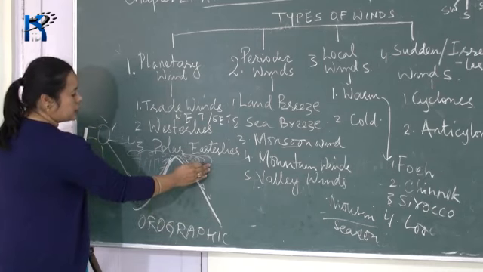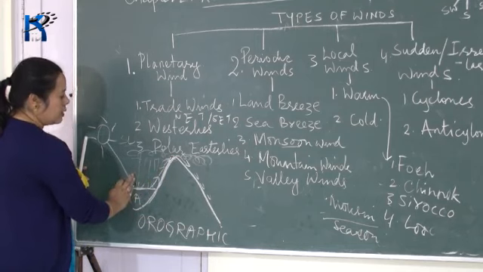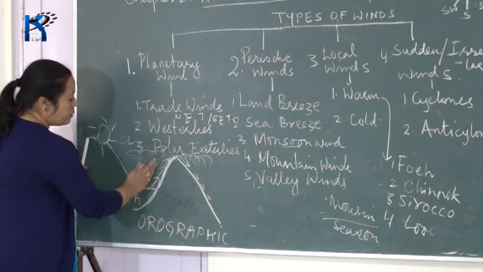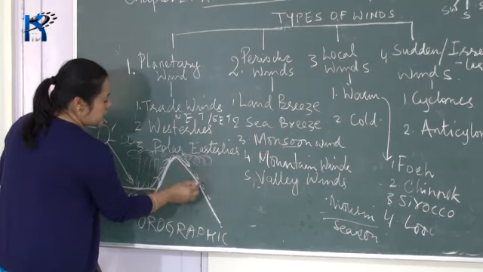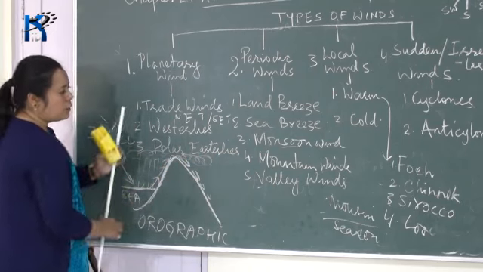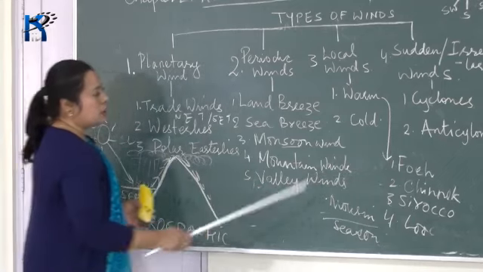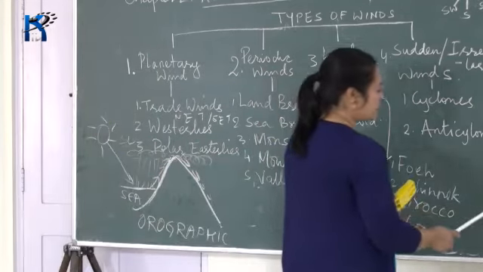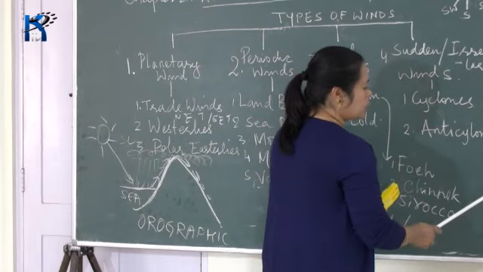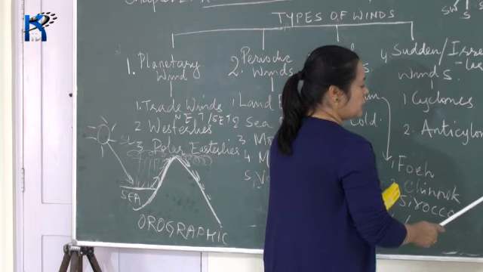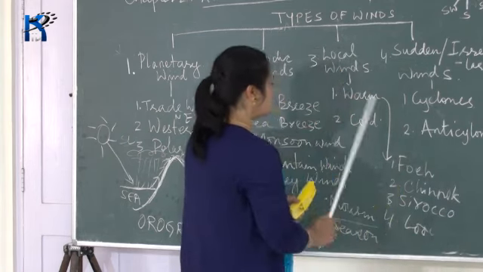Because of the presence of the Alps, on the western side of the Alps this wind can bring rain, but towards the eastern side it blows as a fawn, that is a warm wind, and it helps in increasing the temperature of Switzerland. This is one kind of warm wind.